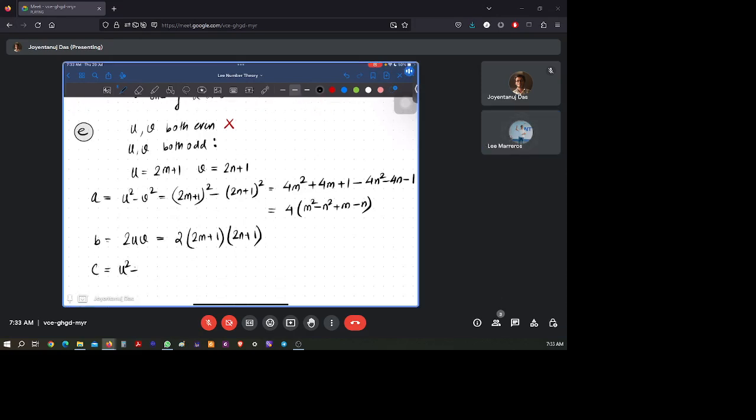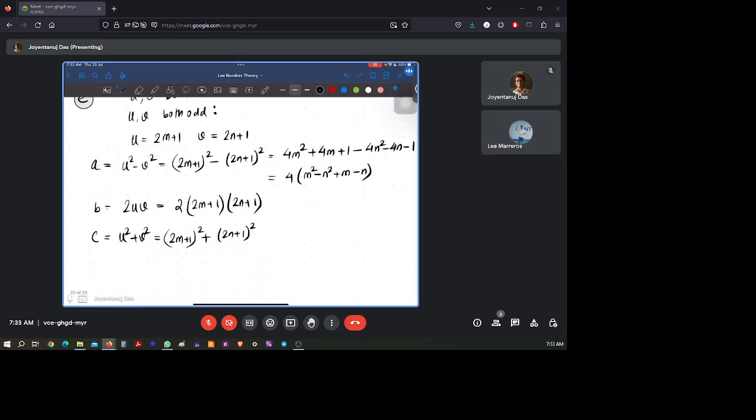Now u squared plus v squared: so this thing will cancel, and one term will be there. We can take only 2 common: 2 times (2m squared plus 2n squared plus 2m plus 2n plus 1).